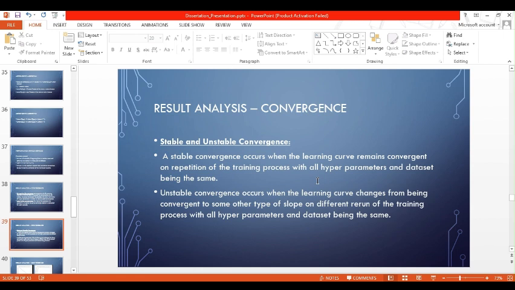Then if I start increasing the value, it will give us a smooth convergence, a smooth learning curve. In every data set I've used, it appeared to be the same way.